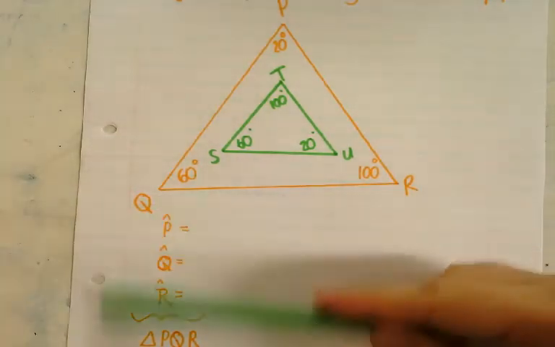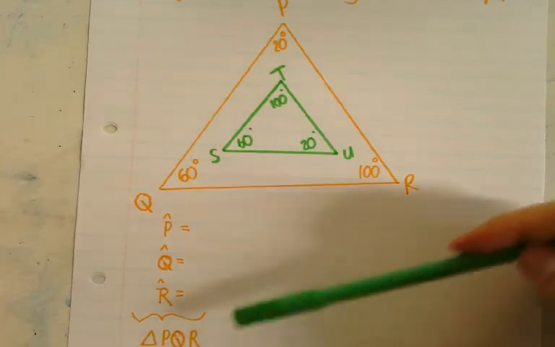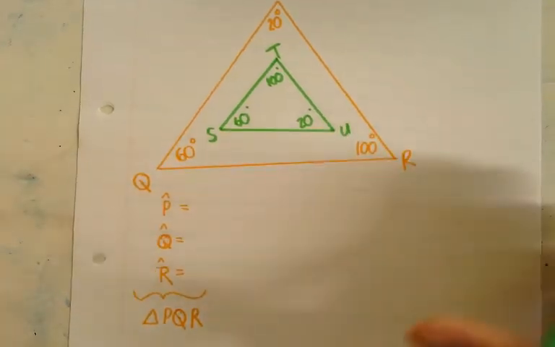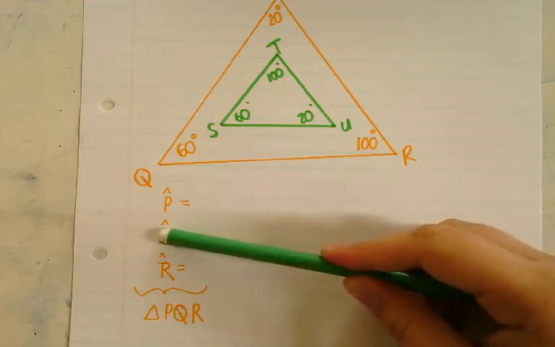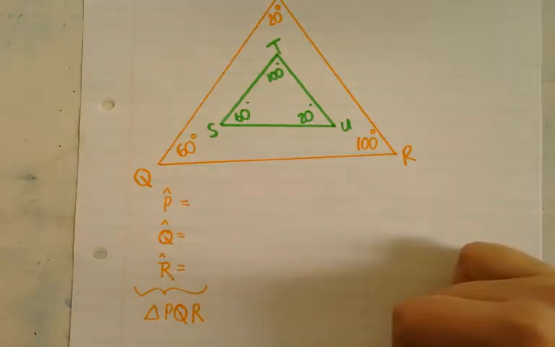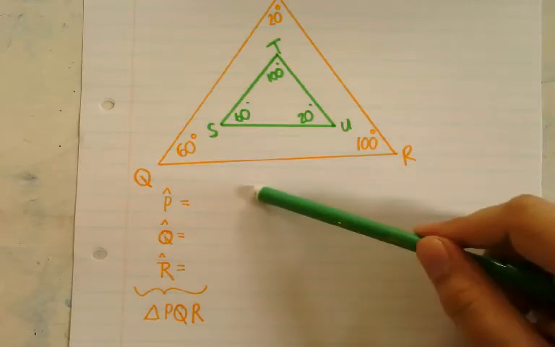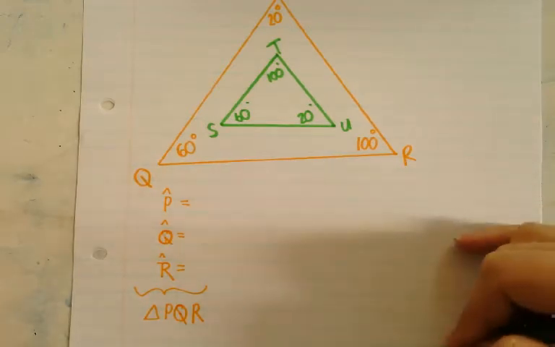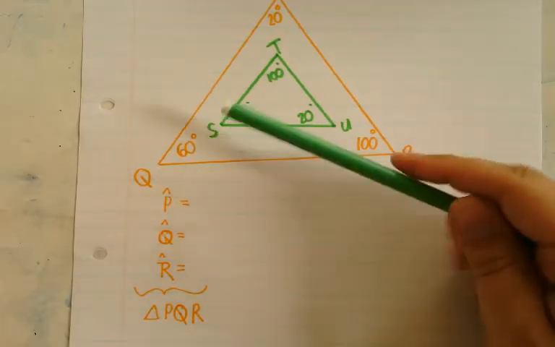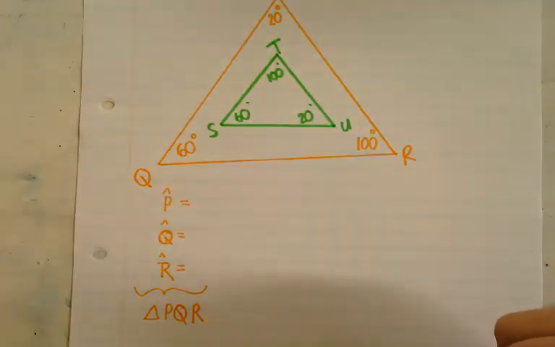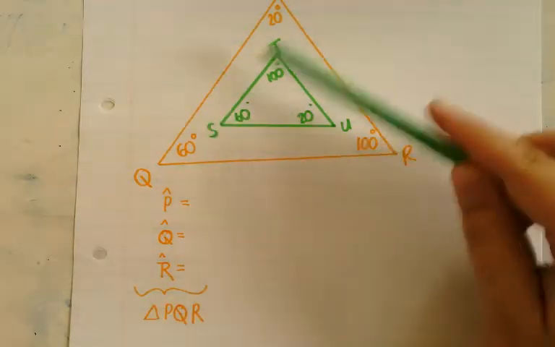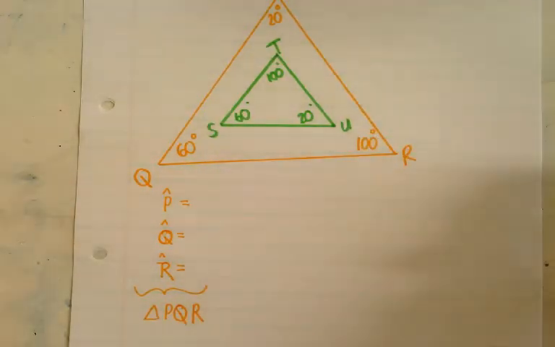In my orange triangle, which I've called PQR, I have angle P, I have angle Q, and I have angle R. I want you to match in my green triangle which angle S, T, or U is equal, got the same size as P. So S, T, or U, which one is the same size as P?